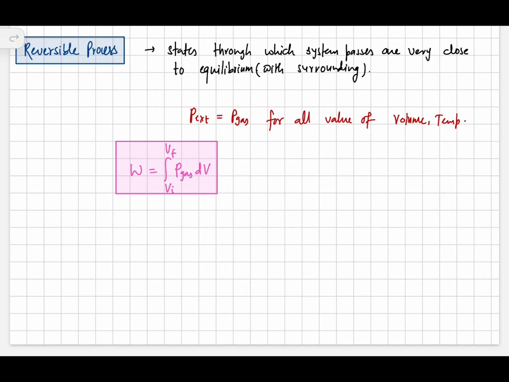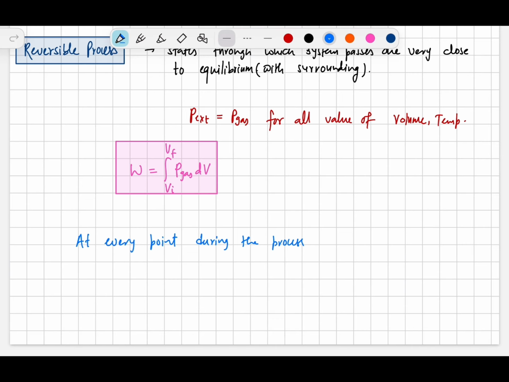And you need to write one more point: at every point during the process, reversible process of course, the pressure of the surrounding is equal to the pressure of the system, and the temperature of the surrounding is equal to the temperature of the system.